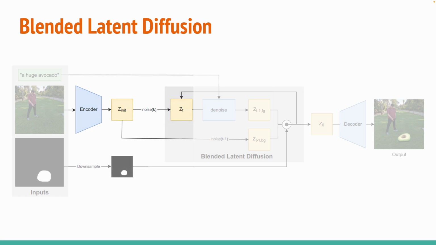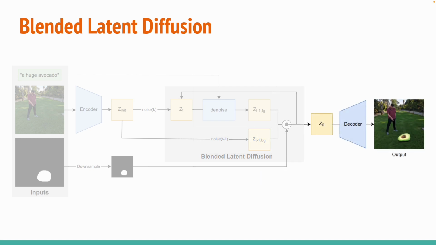Then, we downsample the input mask to the dimensions of the latent space. Now, at each stage, we perform a single denoising step to get a less noisy latent. This latent is treated as the foreground and is blended with the corresponding noise level of the original latent. We perform this step k times and decode the final latent to get the result.